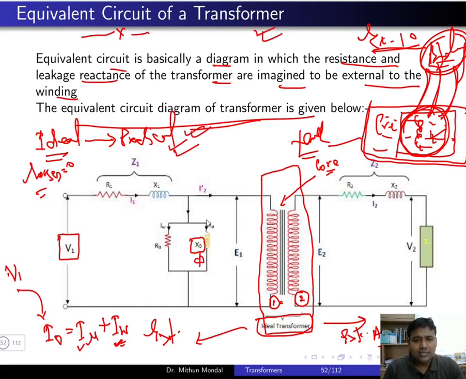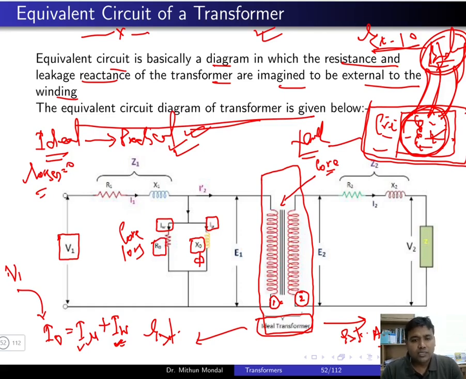The current that is drawn by the inductor to magnetize the core is I mu, that is the magnetizing component of the current. The component IW is responsible for the core loss. The core loss in the transformer, the hysteresis loss plus the eddy current loss, will be represented by IW.